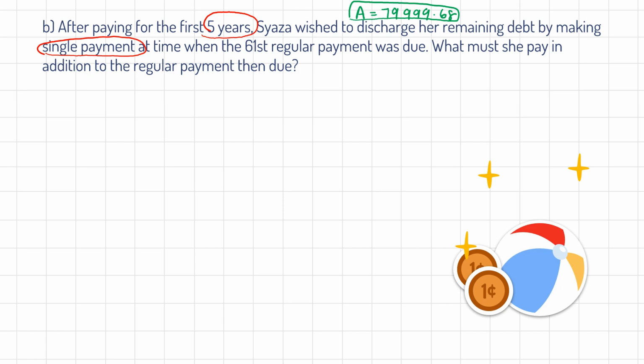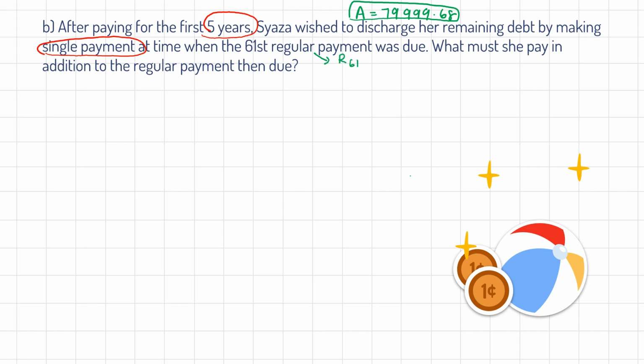Okay, the situation is where Shaza already paid monthly payment for the first 5 years, and then Shaza wished to discharge, meaning that she wants to settle her loan by making a single payment at time when the 61st regular payment was due. In simple words, we can say that she wants to settle the debt on the 61st payment, which we can portray as R61.